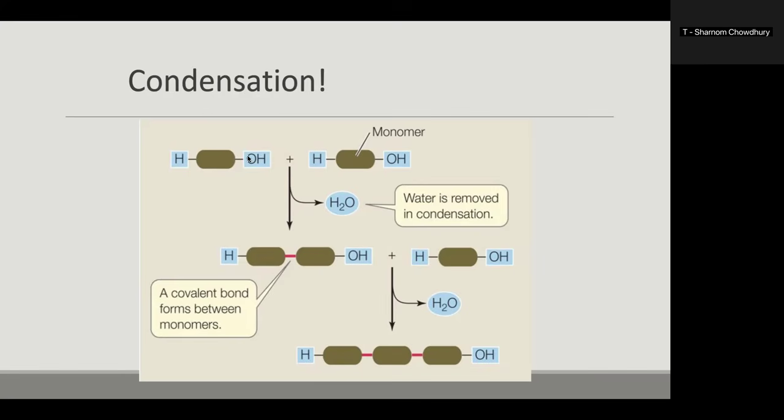So now that the OH and H are gone, the monomers are free to create a covalent bond with one another. And this keeps on going, combining more monomers to create polymers. So in order to create polymers, condensation reactions release water.